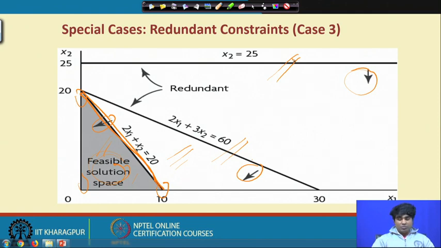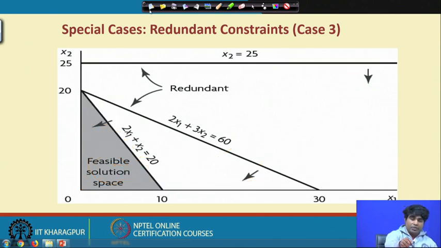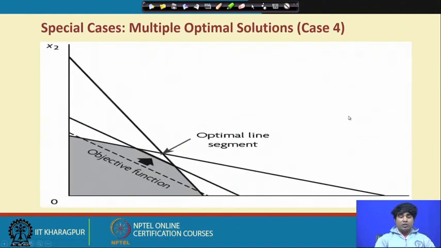Sometimes it may happen, depending upon the kind of business problem and the kind of management problem. So, this is the third case, a special case in prescriptive analytics, and then the fourth case is the multiple optimal solutions.